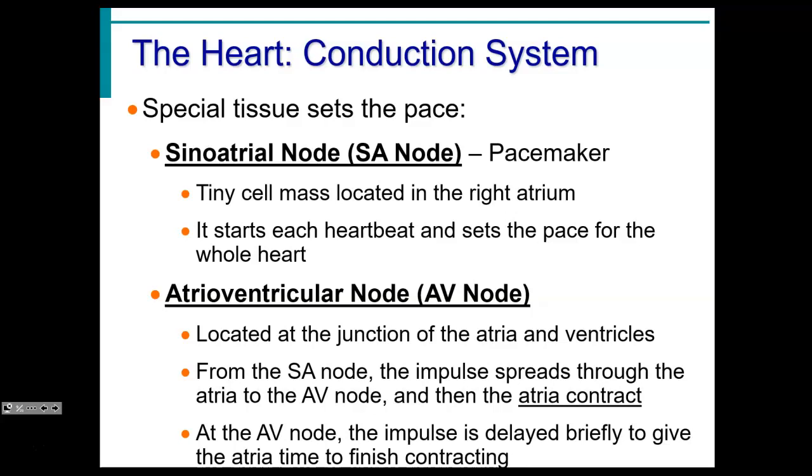And it does that through bundle branches, which we're going to look at in a second. The impulse is delayed briefly to give the atria time to finish contracting, and then there's what's called a trigger effect that accelerates that impulse again, like pulling the trigger again. So SA node and AV node are the beginning of that conduction.